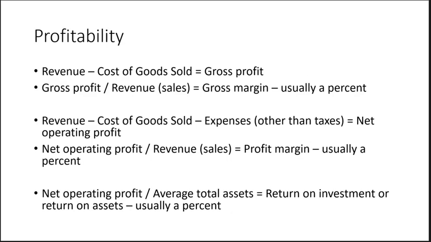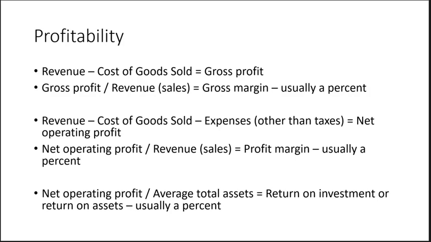The last area of ratios that we're going to learn about. So we've learned liquidity, then we have the turnover ratios that affect liquidity indirectly, and then profitability. And these are the ones that probably more people are familiar with.